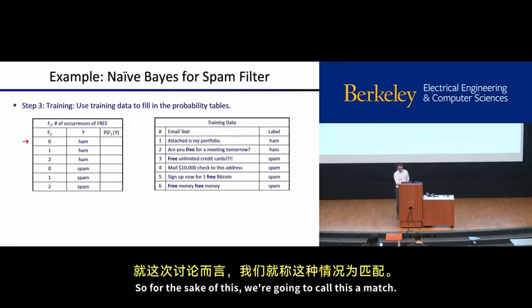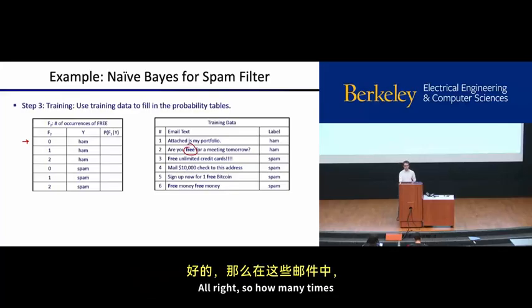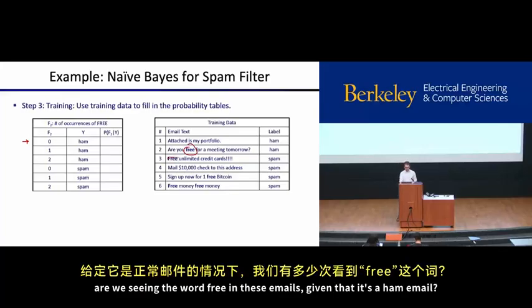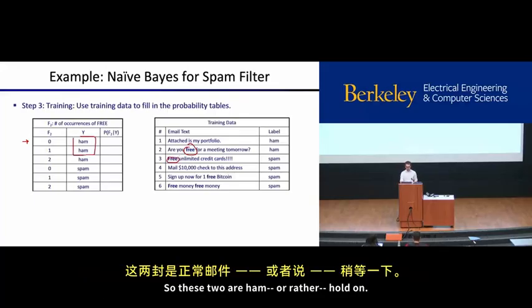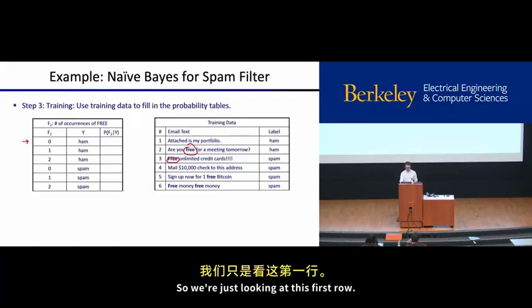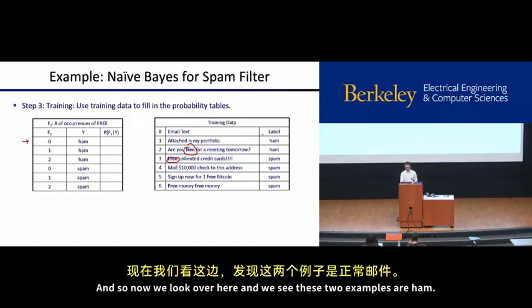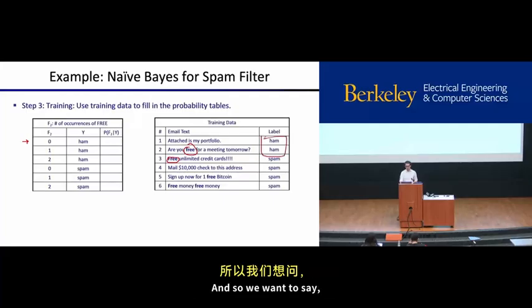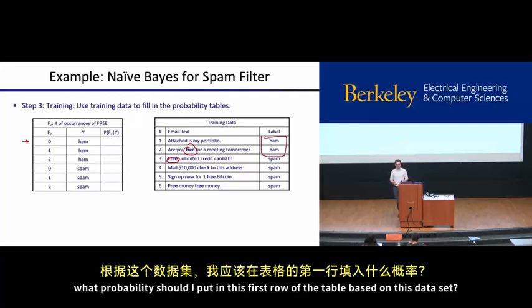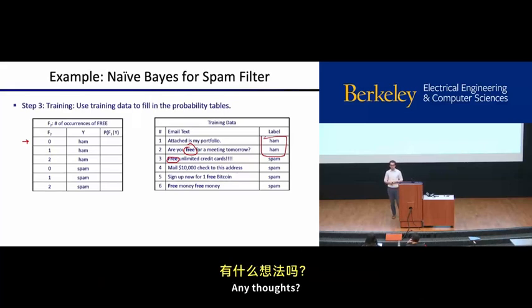So for the sake of this, we're going to call this a match. All right. So how many times are we seeing the word free in these emails, given that it's a ham email, right? So these 2 are ham. Or rather, hold on. So we're just looking at this first row. And so now we look over here and we see these 2 examples are ham. And so we want to say, like, what probability should I put in this first row of the table based on this data set? Any thoughts?